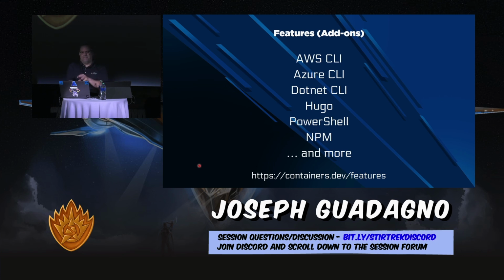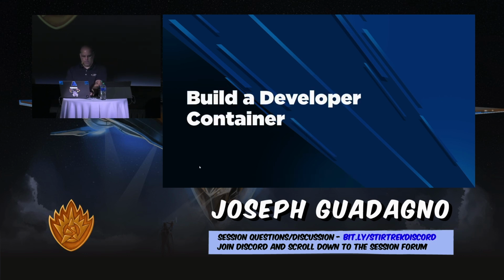That's what features are. It allows you to choose what tools you want to be inside your VM. We're going to choose two just because it's relatively easy, but you can add PowerShell, .NET, AWS, Azure, whichever ones you want. So let's go through and see some of that.